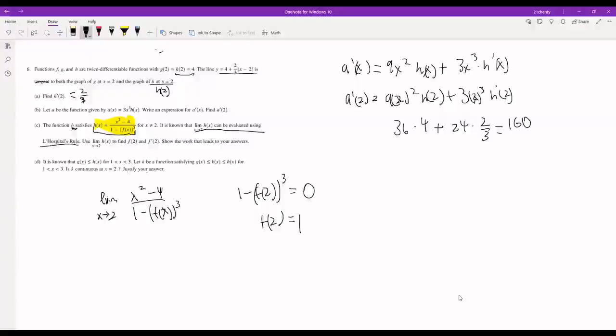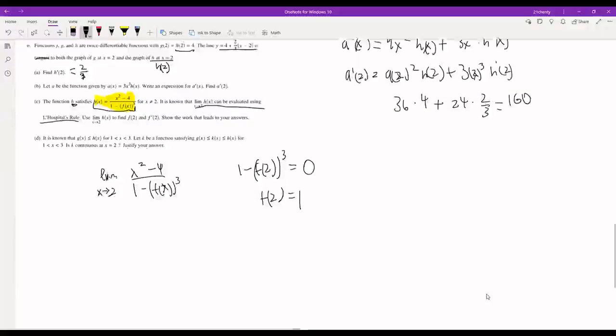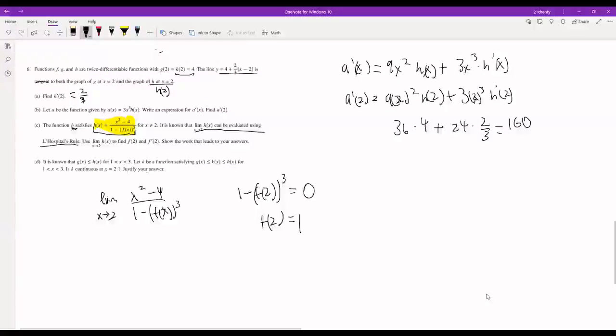Now for f prime of 2, well, we know that h of 2 is 4, and since, I'll write this out, h is differentiable, therefore h is continuous.